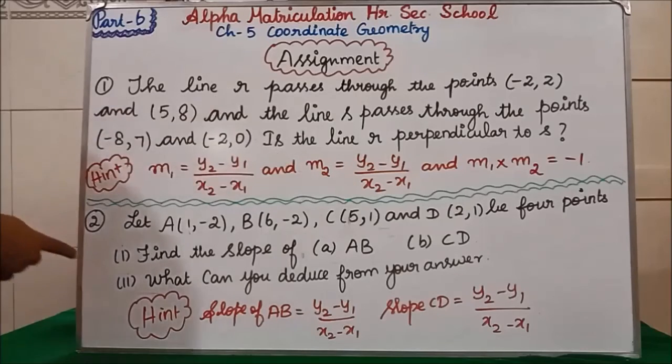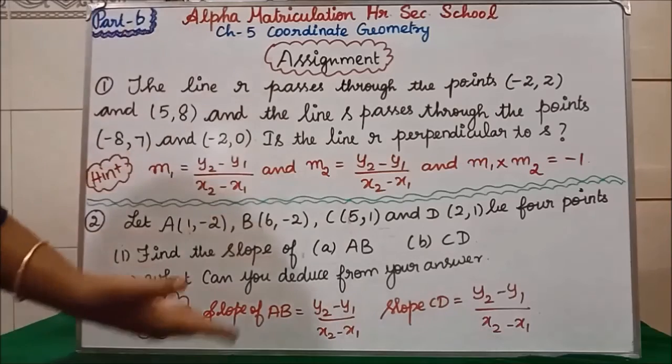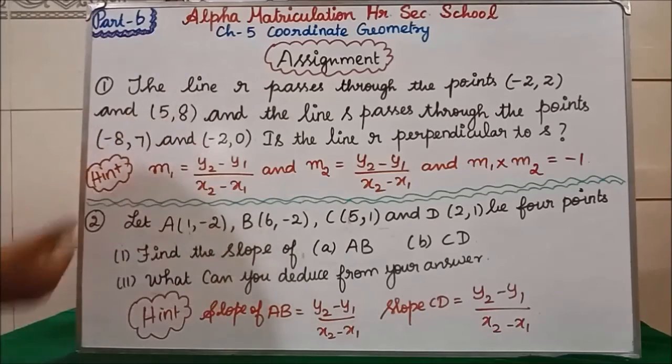Here, the second subdivision if you see, what can you deduce from your answer? See whether the slope of AB answer and slope of CD answer if you are getting same means, when you will get same? Only if M1 is equal to M2, then it is what? It is a parallel. Therefore, AB and CD are parallel lines you have to write.